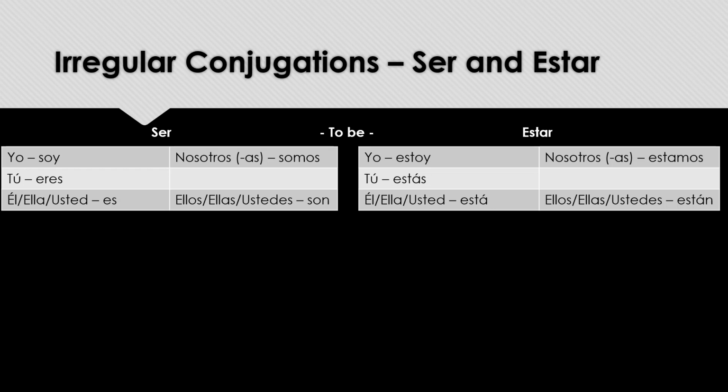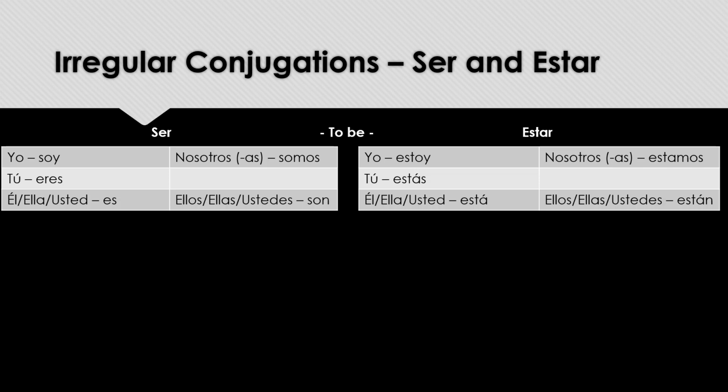Our last two irregulars are ser and estar. These both mean to be. In English, you would say I am, you are, he is, etc., no matter what the context, and not need to differentiate. In Spanish, there are certain situations where you use ser versus estar. First, we'll look at the conjugations since they are irregular.